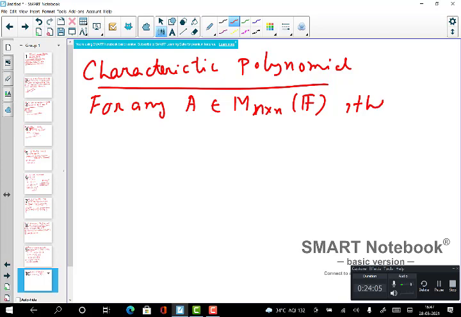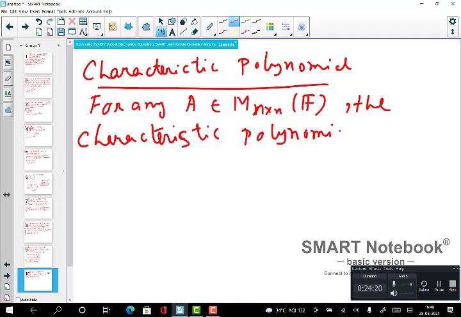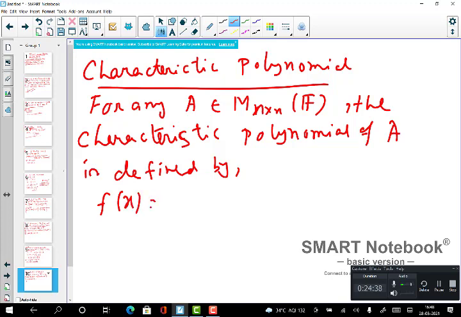So the characteristic polynomial of A is defined by f of x, or f of t, whatever, let f of x be the determinant of xI minus A. So this is my symbol, the main determinant.